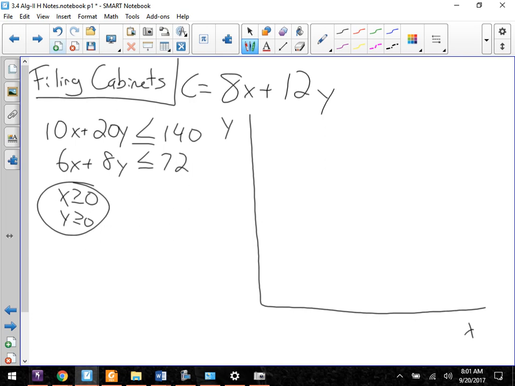X plus y, or 3x plus, I mean, you can simplify these down a little bit if you wanted to. You don't have to. They're all very, very easily workable numbers. So I know that I have intercepts for the first ones at 14 and 7.